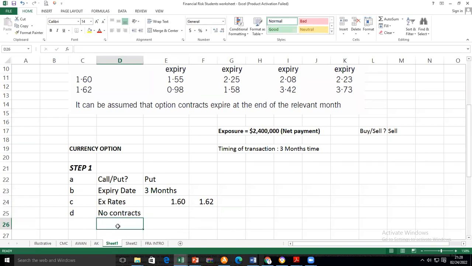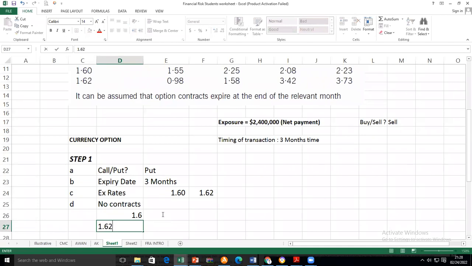Let's go. At 1.60 and 1.62. So we take 2.4 million, you divide by 1.60. Remember, these are dollars on a single pound. So you divide, this becomes pounds.